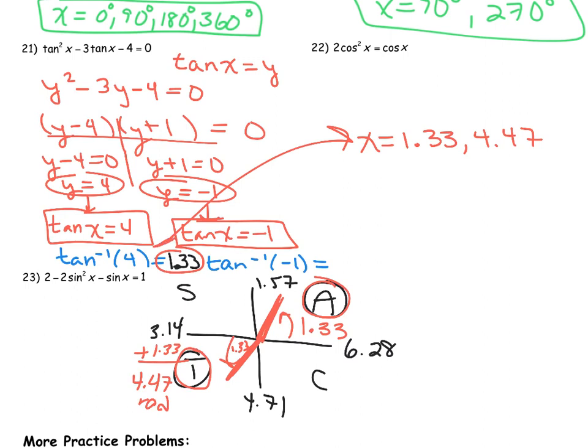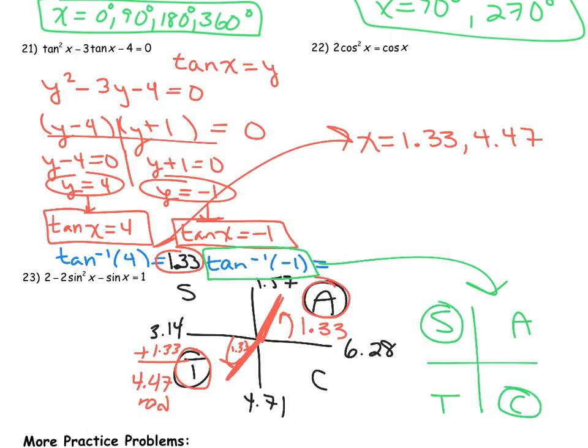Tan inverse of negative 1, well, you guys should know this. Now I'm looking at where tangent is negative. So let me draw another example here. I have all students take calc. I want to know where tangent's negative, so I'm looking at here and here. So you should remember the reference angle for tangent being 1.